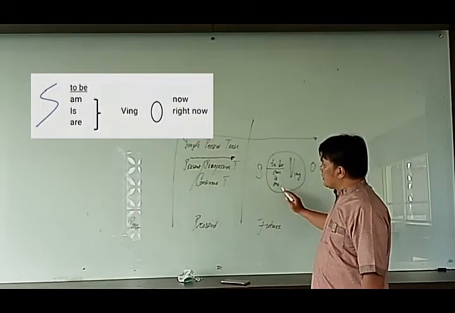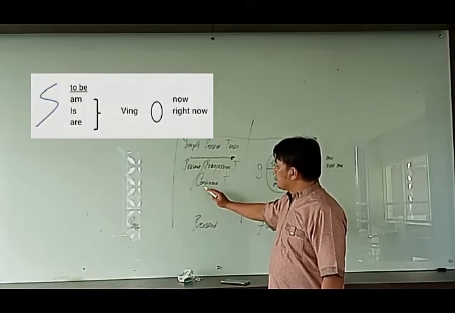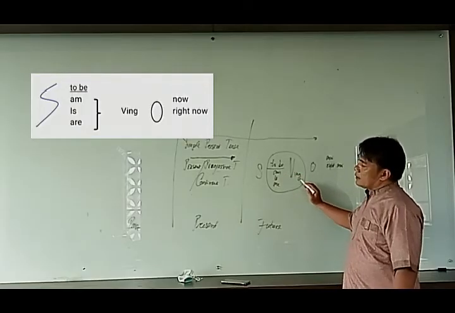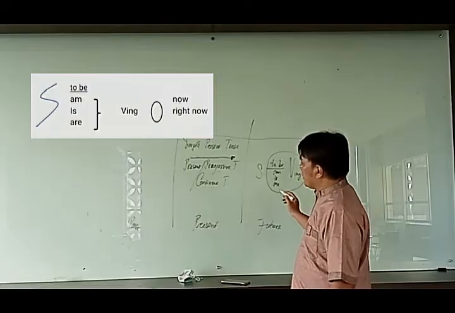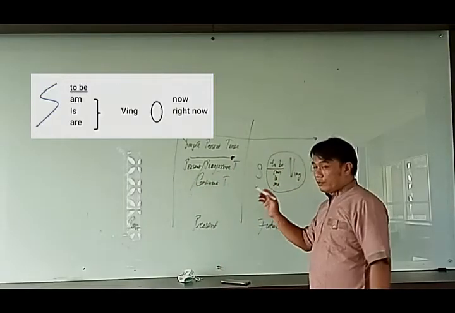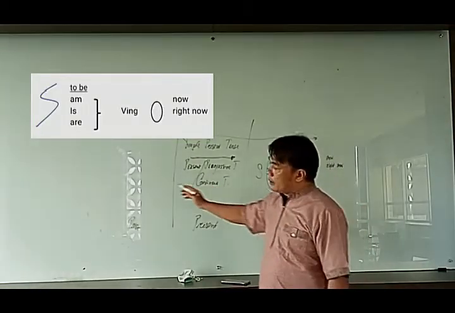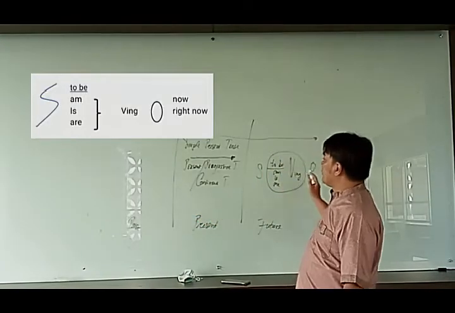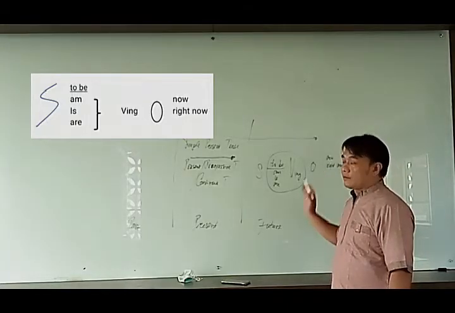So in the present progressive or present continuous tense, it is am, is, are plus verb-ing. And then for past tense, we use was and were plus verb-ing. For the present perfect, we use been plus verb-ing. And then for the future, we use to be plus verb-ing. Okay, we discuss that.